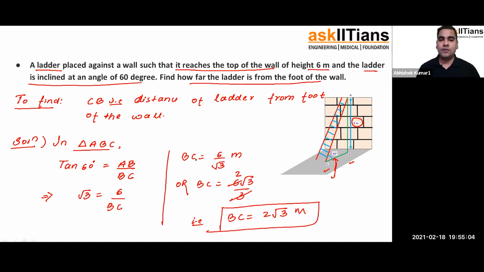So you can see the problems are not difficult. It's only about extracting the information which is given to you in the problem, writing what is given, writing what you have to calculate, and then looking for the results which relate those two things. And if you are able to do that, you will quickly get the answer. Please go through it.